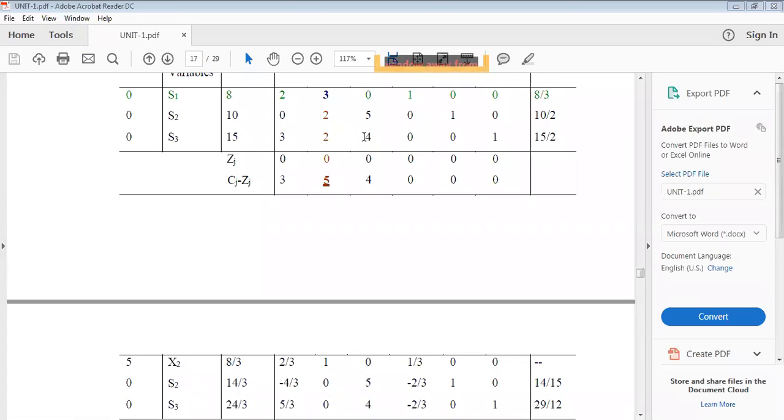Old R3 means this is the old R3, minus 2 into this new R1, minus 2 into 2. And here 2 minus 2 automatically you will get 0. Our intention is to make them zeros, so as per that you have to do it. So new R3 is equal to old R3 minus 2 into new R1.